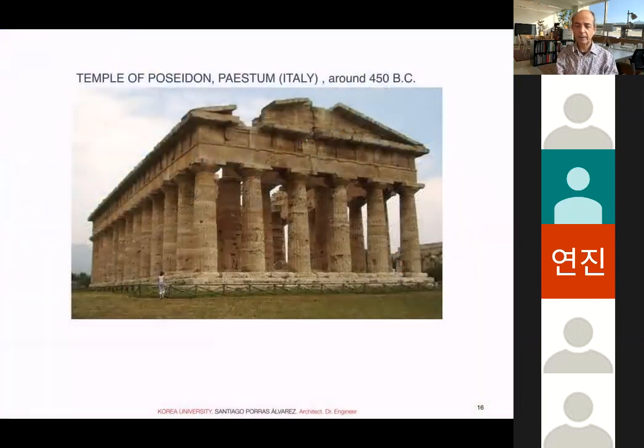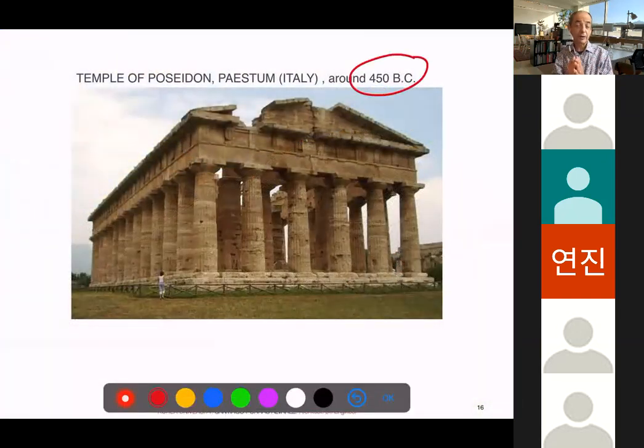And probably in the 5th century before Christ, we have one of the peaks of architecture based exclusively on stone. This is Greek. So this is Greek construction. Also, the photo is from a temple we have in Italy, Paestum, one of the masterpieces of the Doric.